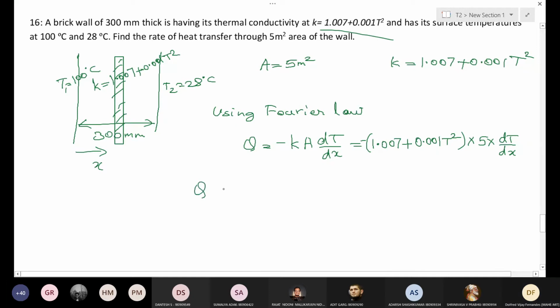So Q integrated from 0 to 0.3 dx equals minus 5 times the integral of (1.007 plus 0.001 T square) dT from temperatures T1 to T2.